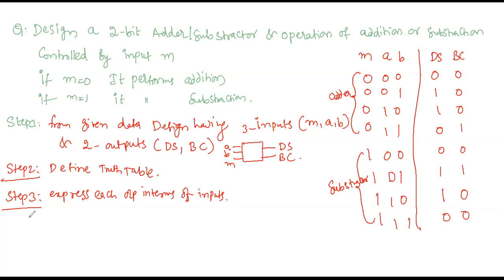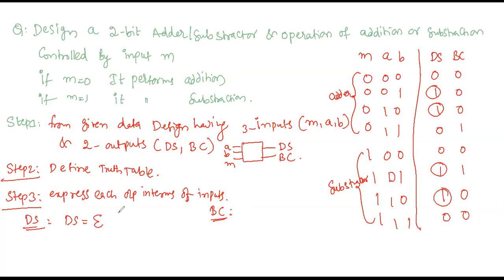So first write down the two outputs, one is DS, one is BC. Write down the standard SOP form equation. Wherever it is 1, write down the corresponding input equivalent.